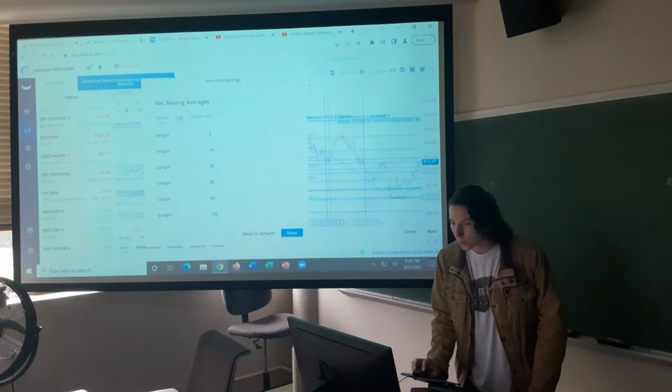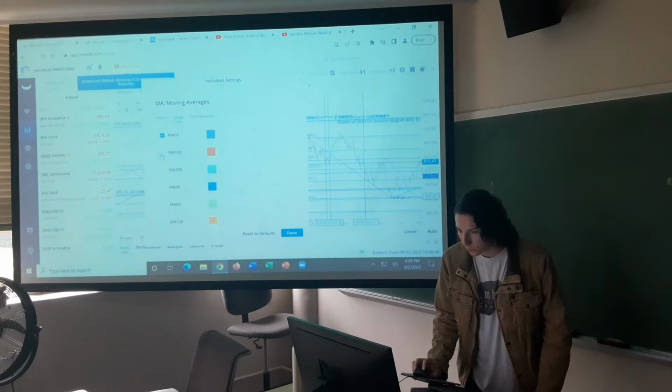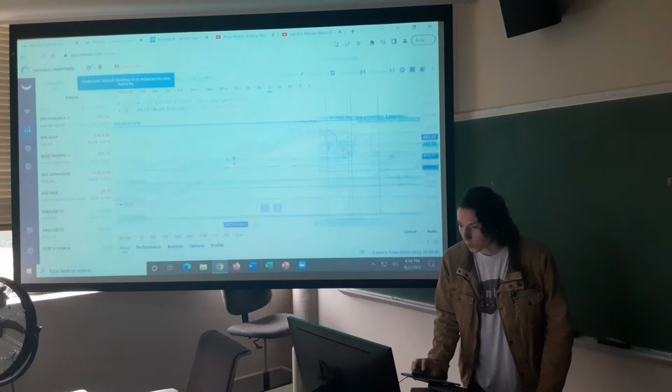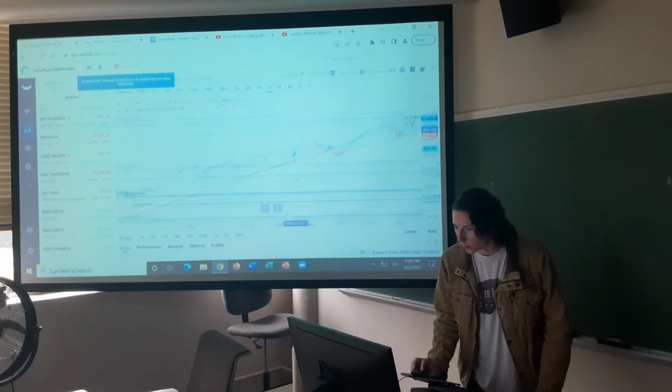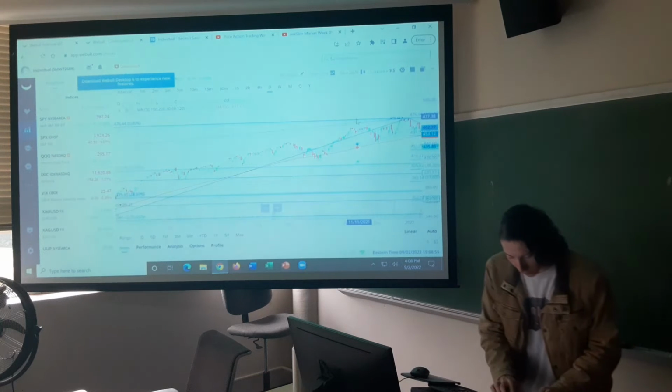This is 5, but let's say instead, the classic ones are 50, 100, and 200. Okay. Moving averages. So you can see the lines here, right? Hopefully this is a little, yeah, let's do something actually.